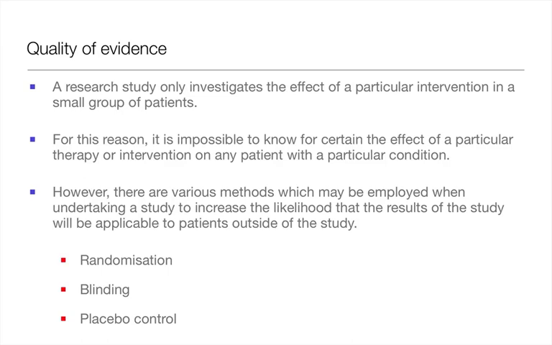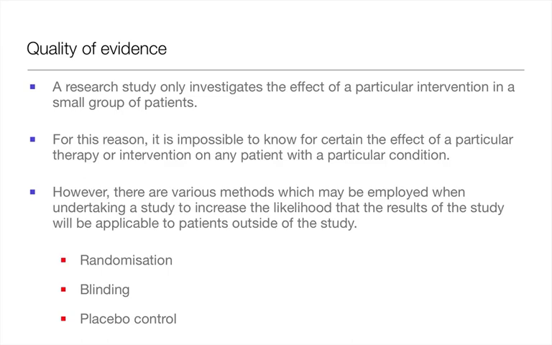For this reason, you can never be 100% certain, no matter how good a study is, that whatever intervention has been shown to be beneficial in that particular study group will be beneficial in the particular patient you're treating or the particular population.